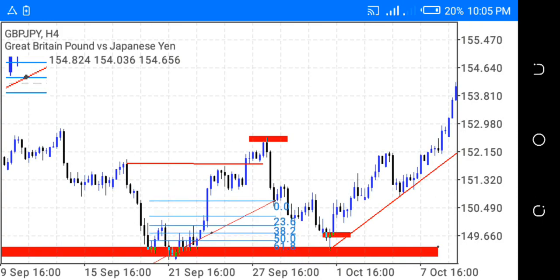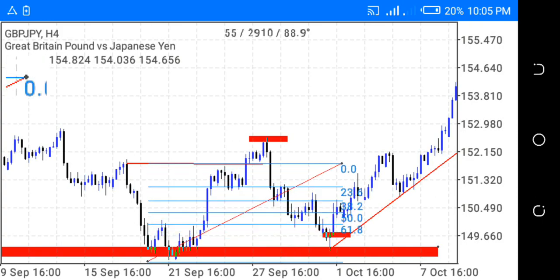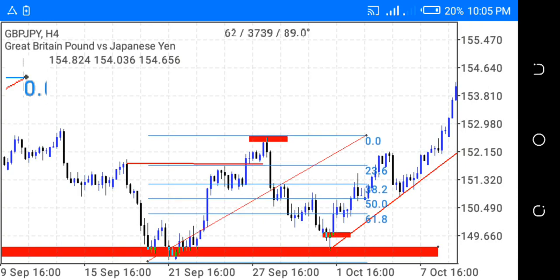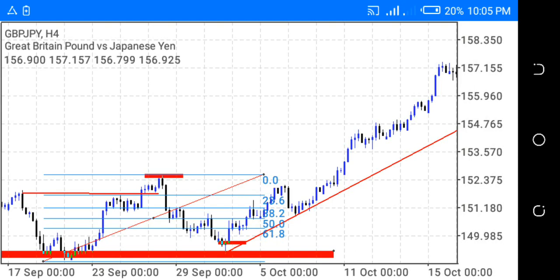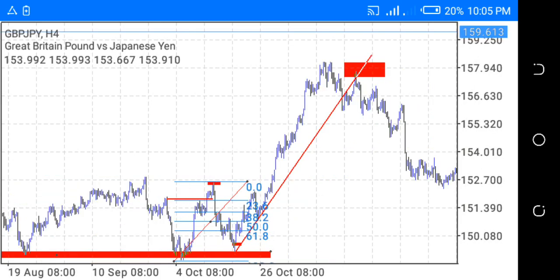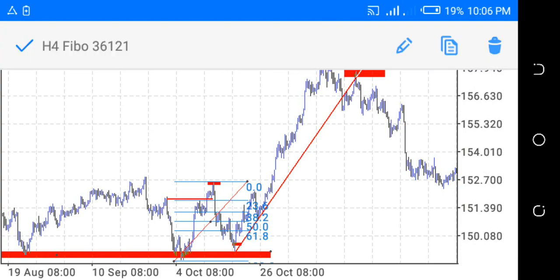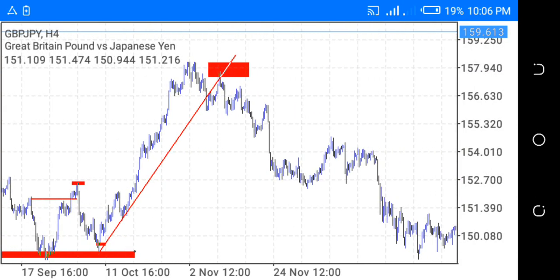The last swing low, take it to the swing high, and you wait for price to react to it, and it came down to the 61.8. Don't forget, I said this is a golden ratio, which shows that the market is going to be trending even higher than the previous high. So your target should be this 0.0, and you draw a trend line, hoping to take market to the what, to the upside.